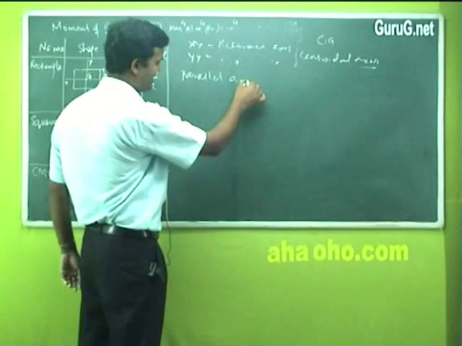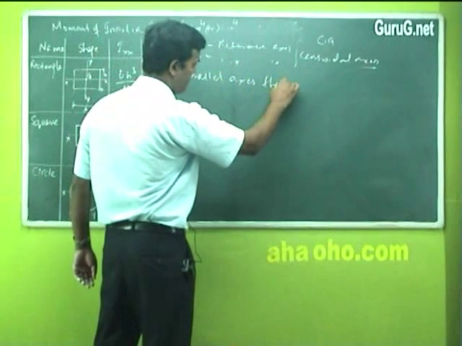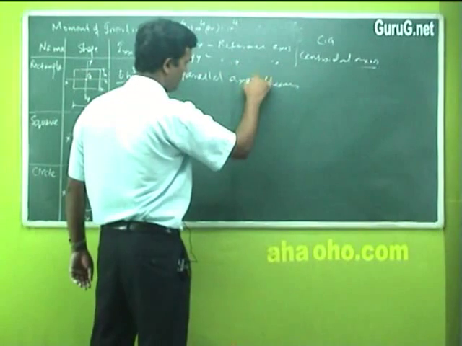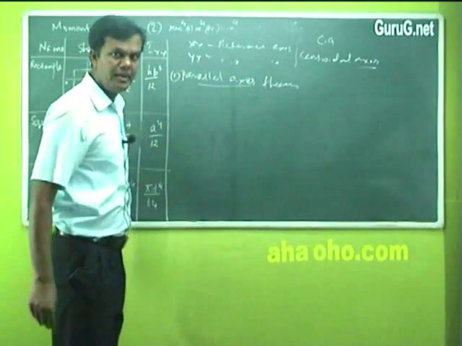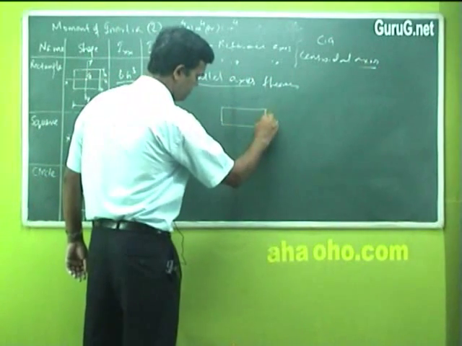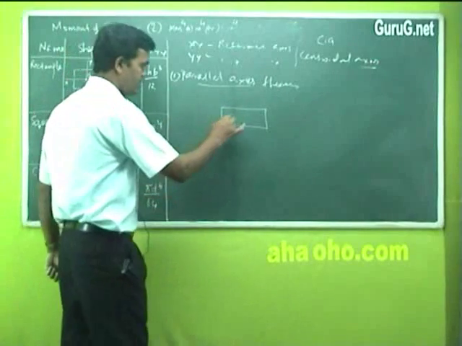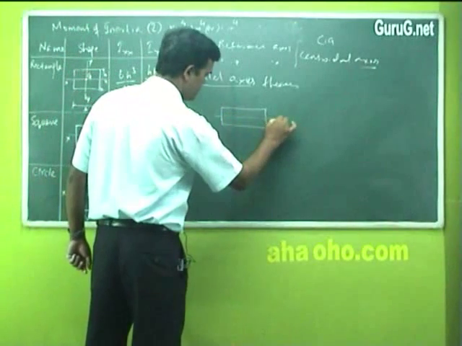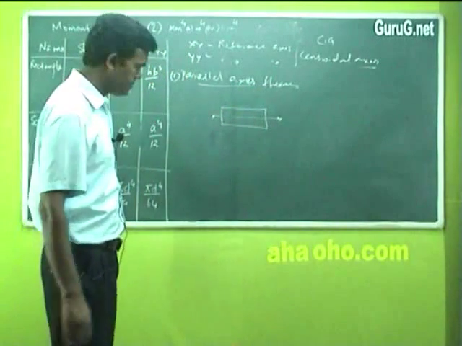Parallel axis, I write axis because it is a two axis theorem. Okay, first, what is the meaning of this? Now we consider a small rectangle. For this rectangle, you obviously know that you have one x-axis and y-axis also, right?